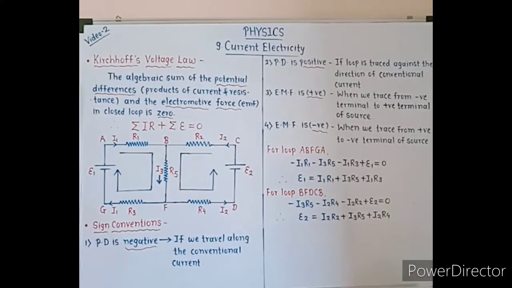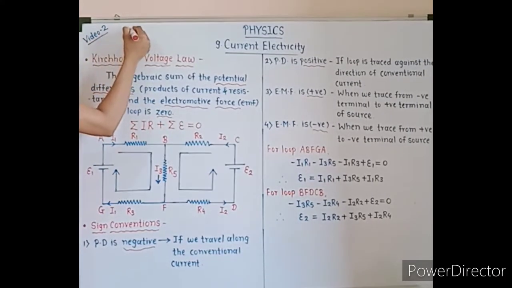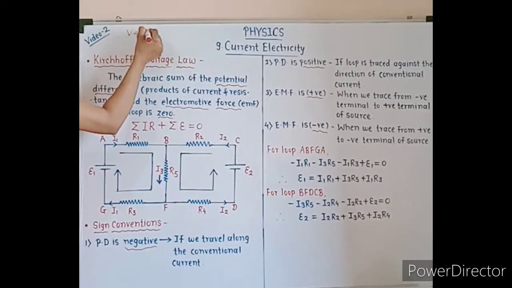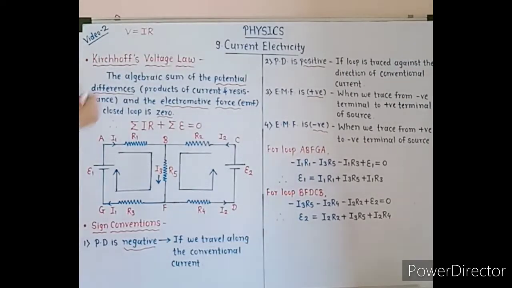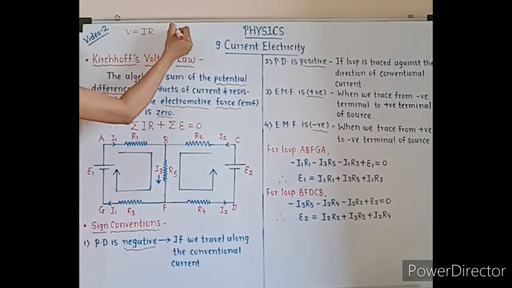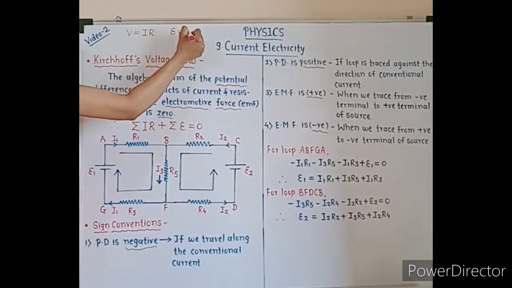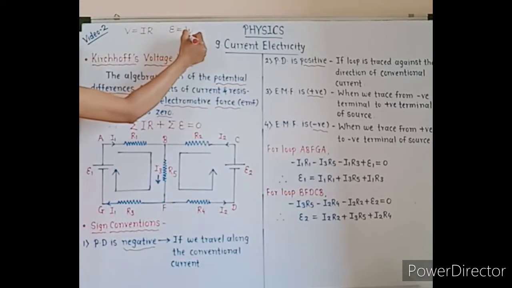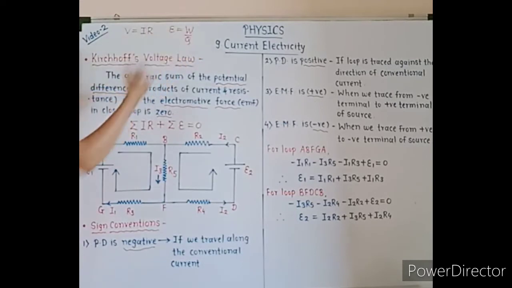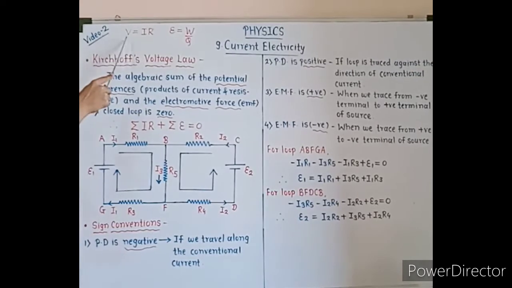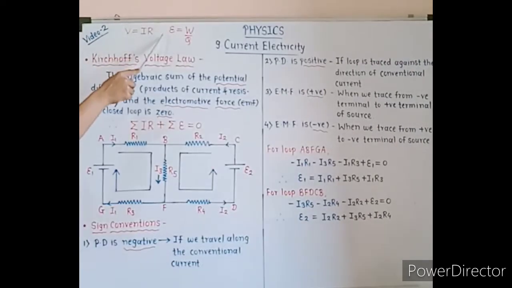We know that potential difference V is equal to I into R. And the electromotive force E is nothing but the work done per unit charge. So the algebraic sum of the potential differences and the electromotive force in a closed loop is 0.